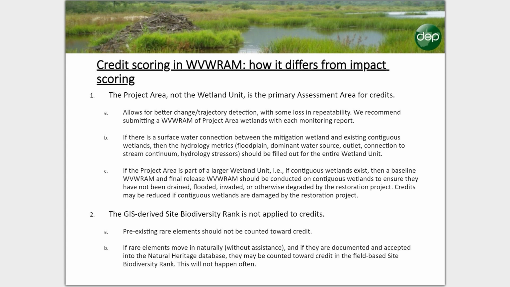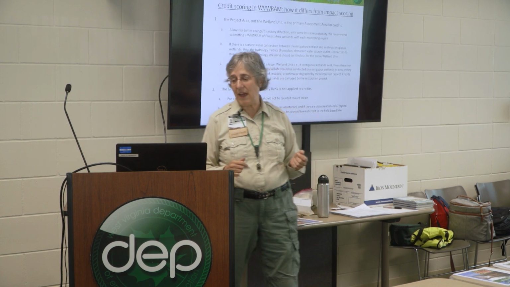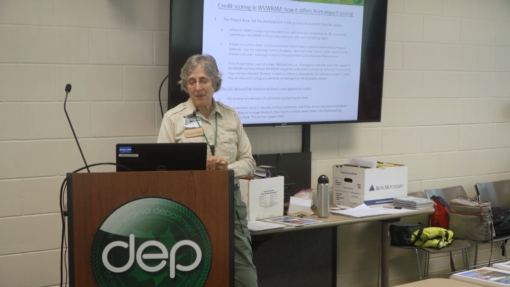But there will be cases where you're adjacent to an existing wetland, and in that case we ask that you do a baseline of the whole wetland unit at the beginning of the restoration project and another WVRAM of the whole thing at the end of the project at your 10-year monitoring release to be sure you haven't degraded that existing wetland that you're contiguous to. And we can look at an example of that in just a minute.